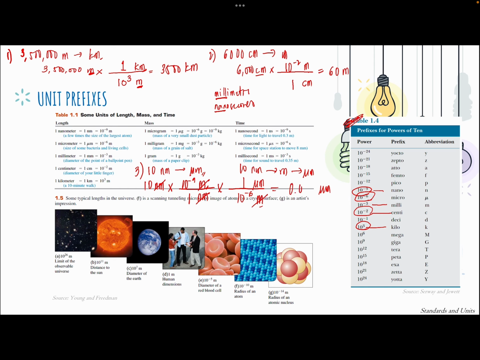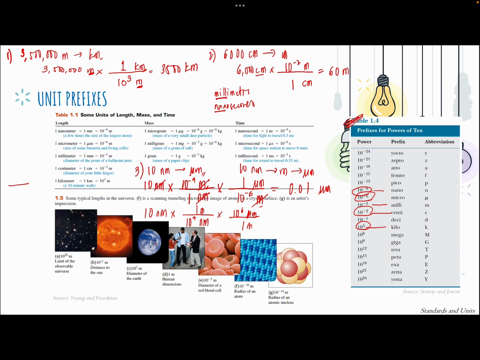Or kung ayaw mo naman na nakakakita ng negative exponents kasi gusto mo ng positivity sa buhay, then you can just have yung ganito: 10 nanometer times 10 raised to 9 nanometer in 1 meter times 10 raised to 6 micrometer in 1 meter. O, pwede mo siyang isulat ng ganyan.